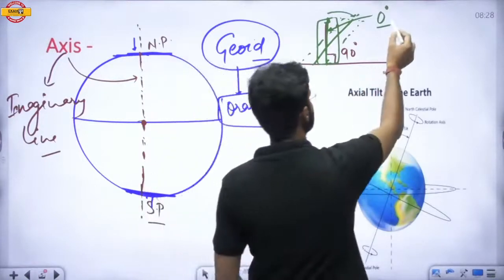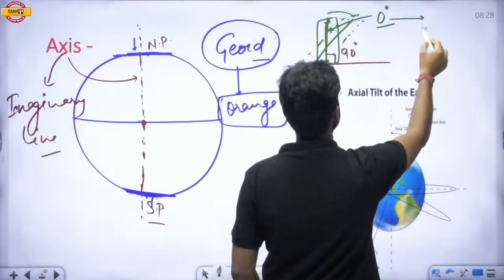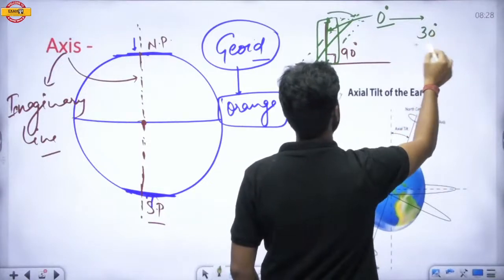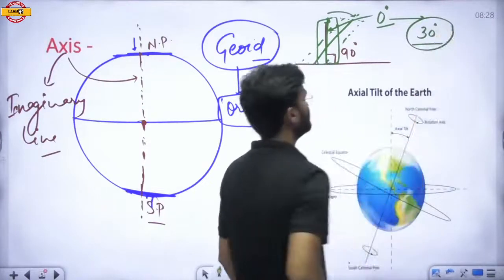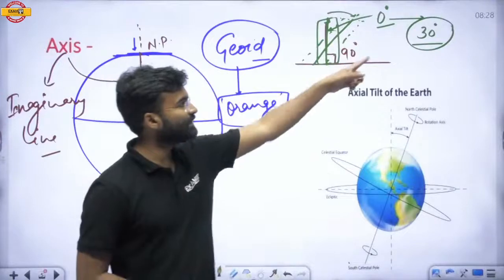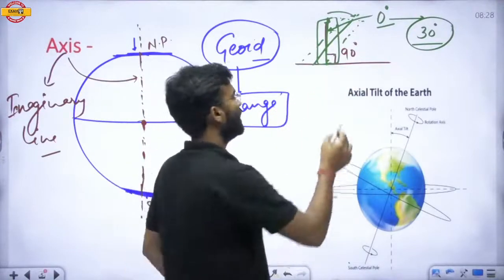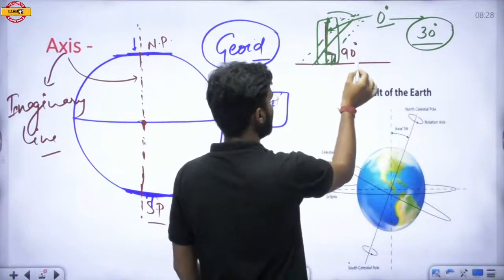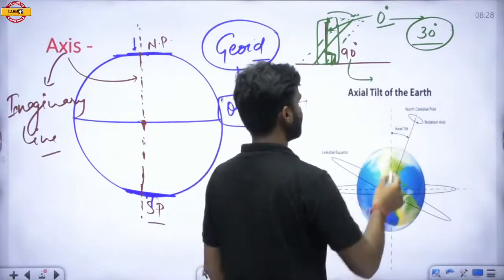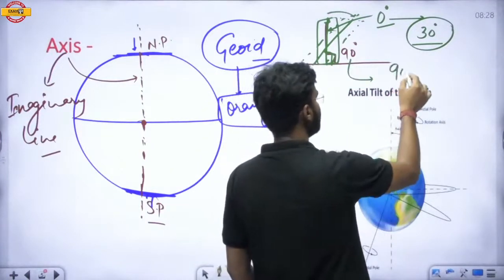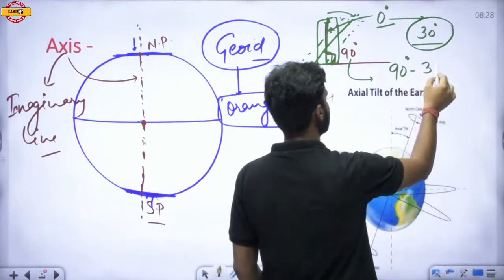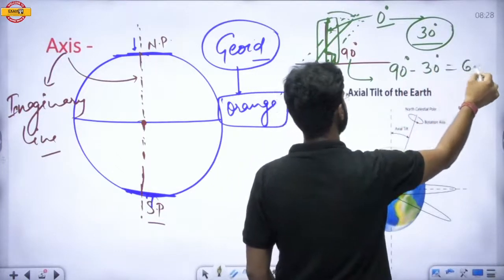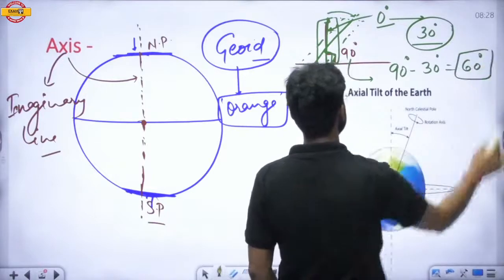Suppose this is bending by 30 degrees, then this object is tilted on its axis by 30 degrees, and now the angle on the surface will be decreased by 30 degrees, that is 60 degrees, because initially it was 90 degrees.